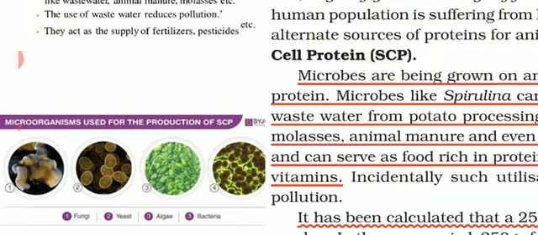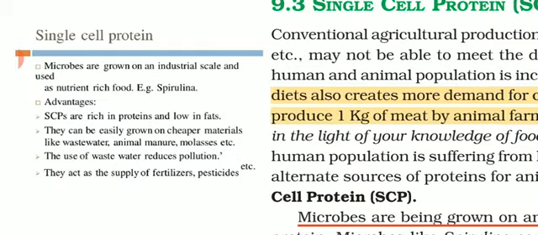So let's read in brief. Microbes are grown on an industrial scale. Why industrial scale? What is the meaning of industrial scale? Industrial scale means at a large scale, and it is used as nutrient rich food. Example is spirulina. What are its advantages? Why are we talking about all these different technologies?